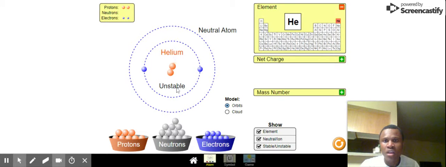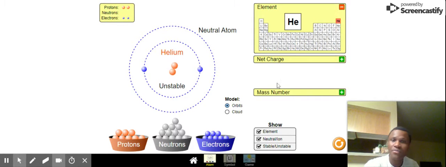Now, that is essentially how the atom is built. So the objective of this video is for you to understand that the proton is the identification number of the element. So as many protons as the element has, that will indicate the position of the atom in the periodic table.